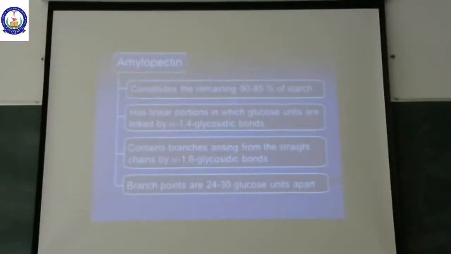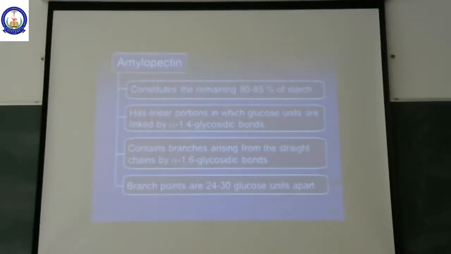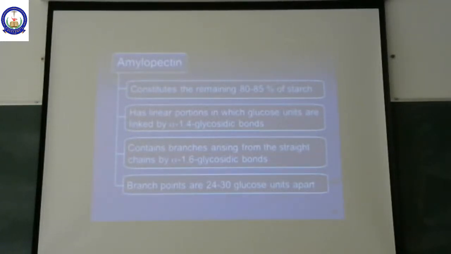And next is amylopectin. The major component present in starch is amylopectin, which constitutes about 80 to 85% of the starch. It has linear portions in which glucose units are connected with alpha-1,4 glycosidic bonds, and branches arising from the main chain by alpha-1,6 glycosidic bonds.